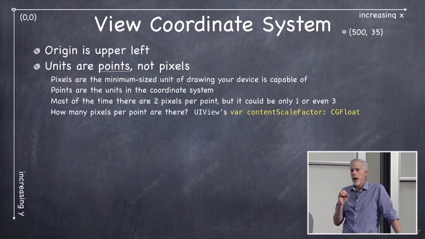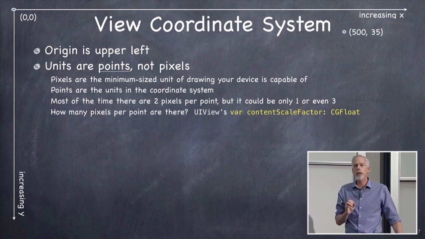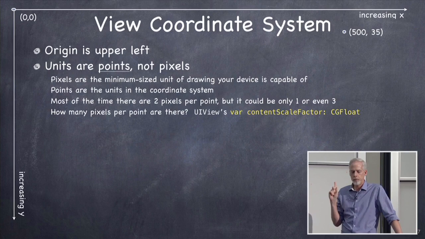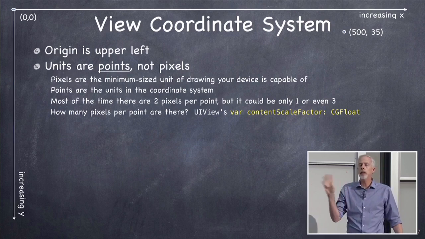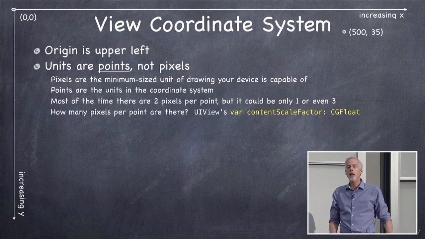You can find out how many pixels there are per point, in other words how high resolution your screen is, with this var in UIView called contentScaleFactor. It's a CGFloat. It's currently going to be either 1, 2, or 3. The iPhone 7 Plus is 3 pixels per point in each direction.